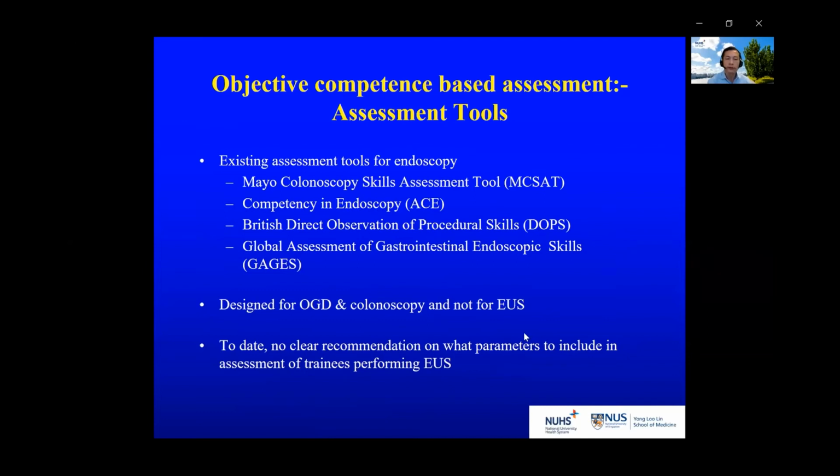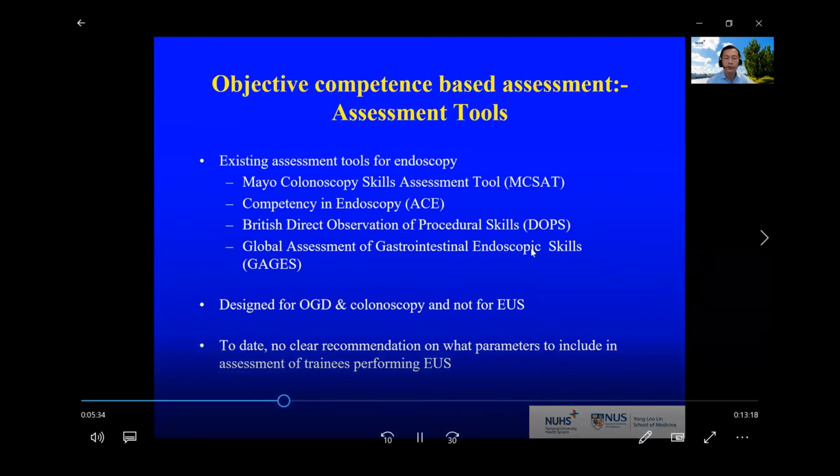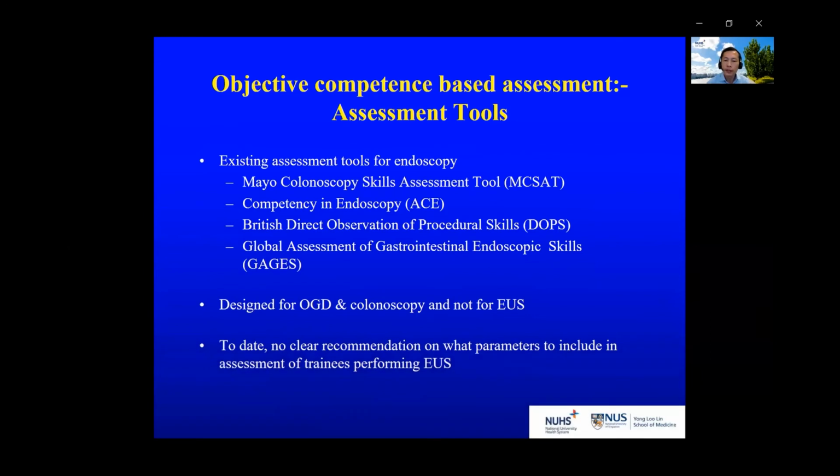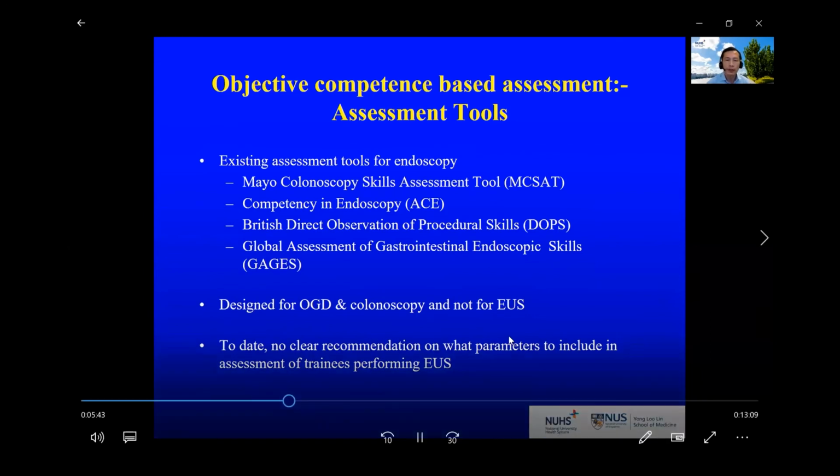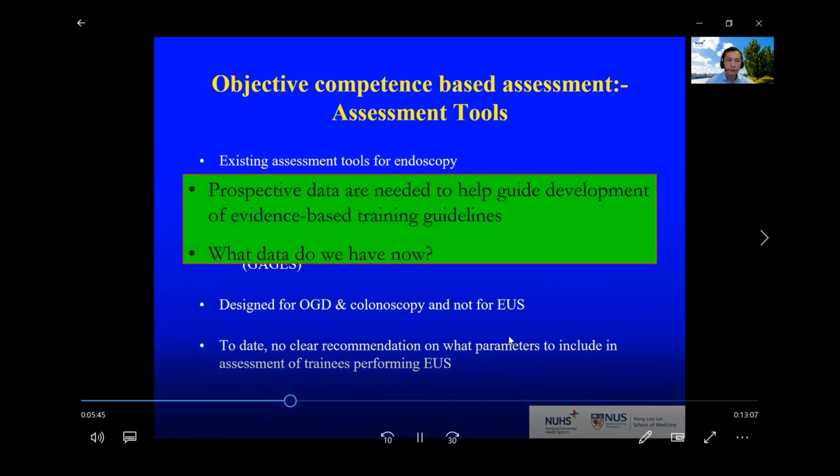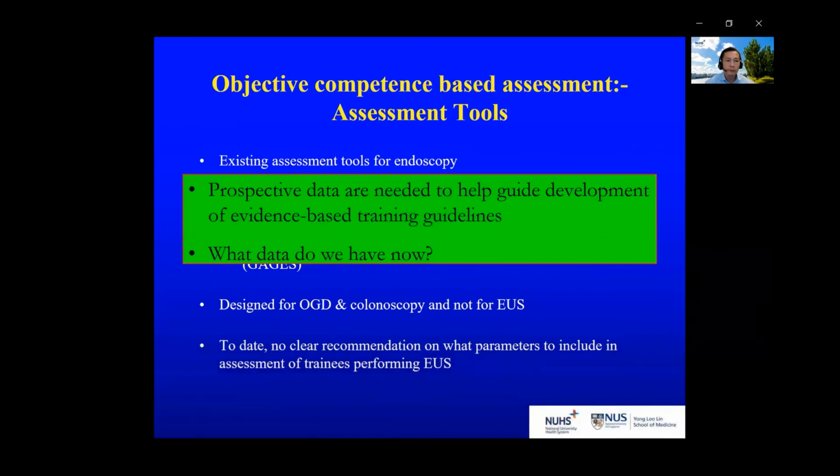To date, we also do not have a clear recommendation on what parameters we should include in our assessment of trainees' performance when they undergo EUS training. So this is where we need prospective data to help guide us in the development of evidence-based training guidelines.